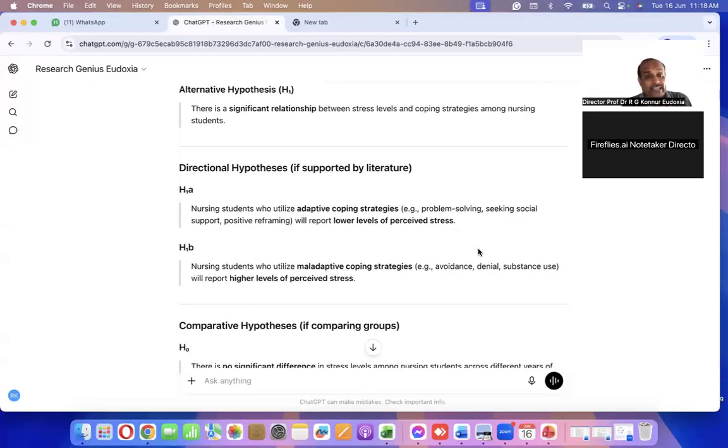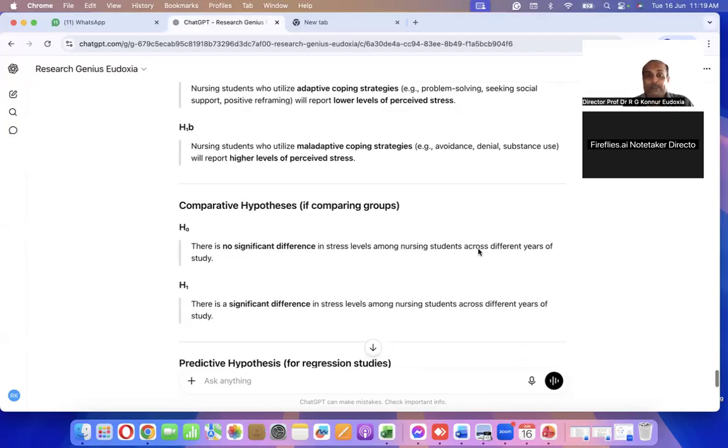Then you can make it directional: nursing students who utilize adaptive coping strategies like problem solving, social support, and positive reframing will report lower levels of perceived stress. Nursing students who utilize maladaptive coping strategies like avoidance, bunking classes, denial, and substance use will report higher levels of perceived stress.